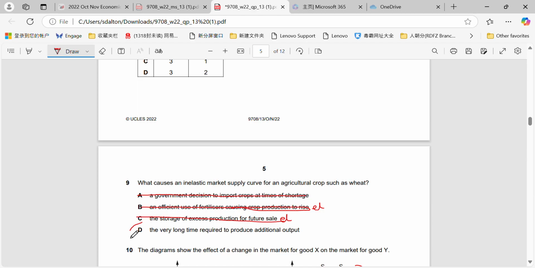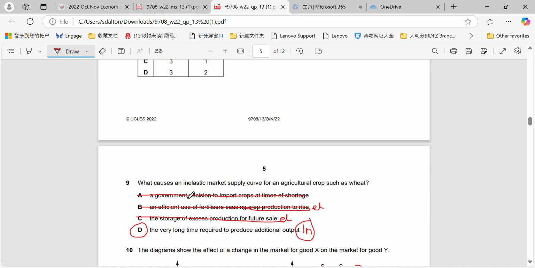Whereas a very long time required to produce additional output would make it inelastic. The time taken to produce a product is a determinant of PES. The longer it takes, the more inelastic it is. The shorter the time it takes, the more elastic it is.